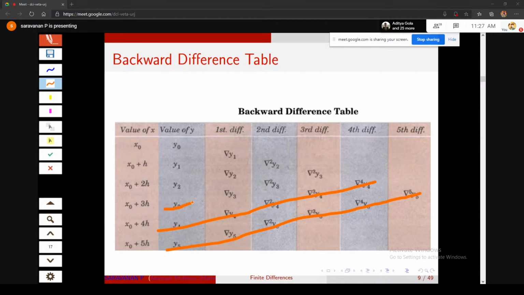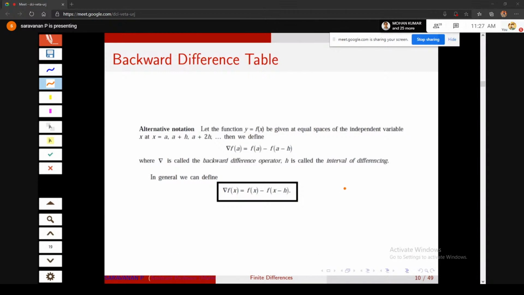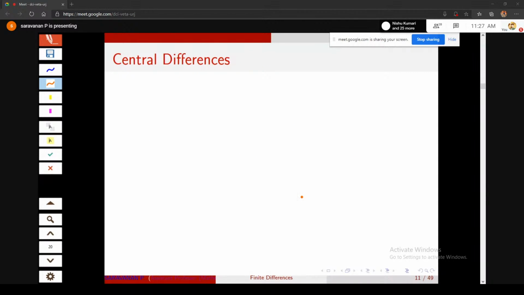Similarly, this will be in terms of y3 and its backward differences, y2 and its backward differences, y1 and its backward differences. Okay. So if I construct the backward difference table, then the diagonal you have to look is from bottom to the top. But in the case of forward difference, top to the bottom. Okay, that's all. This is a backward difference table, and in general, del f of x is the same f of x minus the function value at the last argument, that is f of x minus h. This is a backward difference.